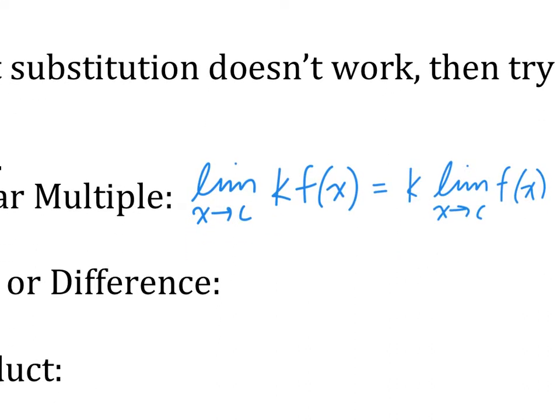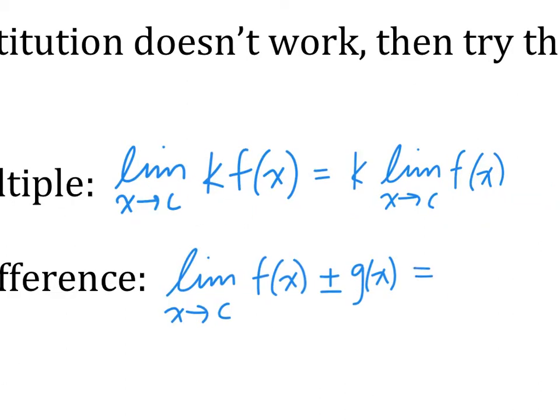The second rule is sum or difference. If you have a limit as x goes to c of two functions, one of them f of x and the other g of x, and sometimes you add or sometimes you subtract, it doesn't really matter. Let's say you cannot figure out what the limit is.